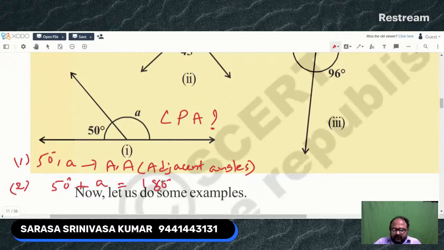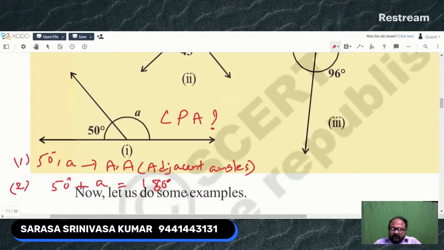Because we know one axiom: if a ray stands on a straight line, then the adjacent angles formed by the ray are a linear pair of angles. This is an axiom which you have studied earlier.